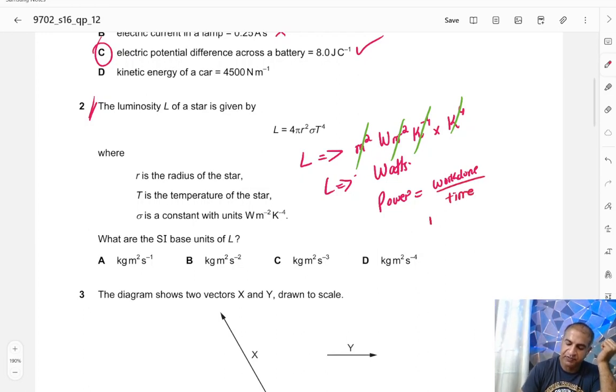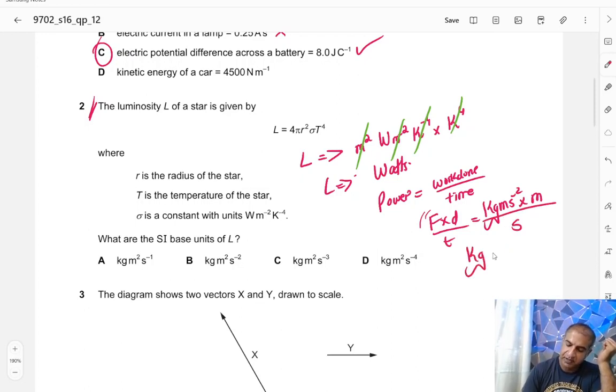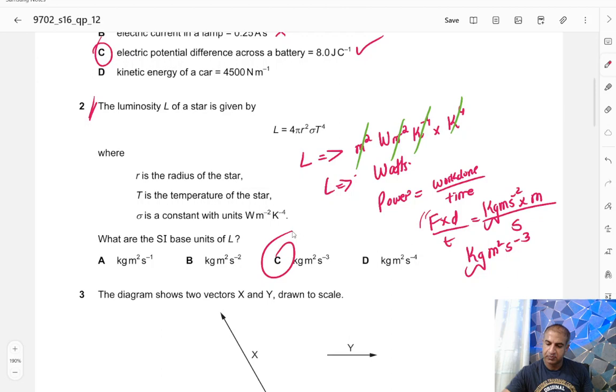Work done is force into distance, over time. The unit of force in SI base units is kilogram m s minus 2, and the distance is meters. So this is divided by s. If you simplify this, we get kilogram m square s minus 3. So C is going to be the right answer.